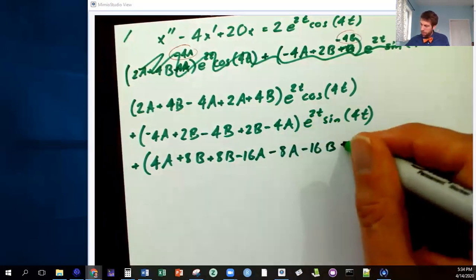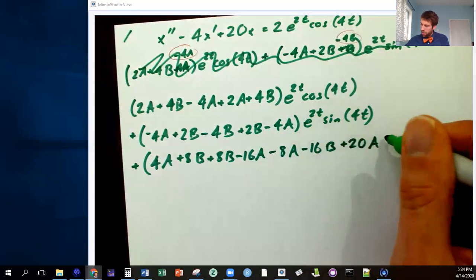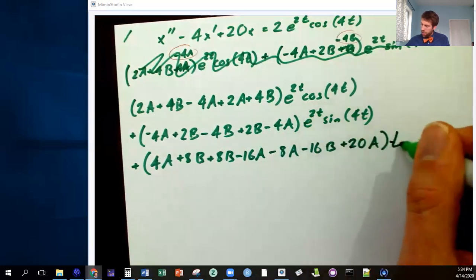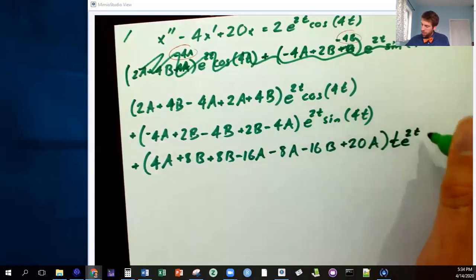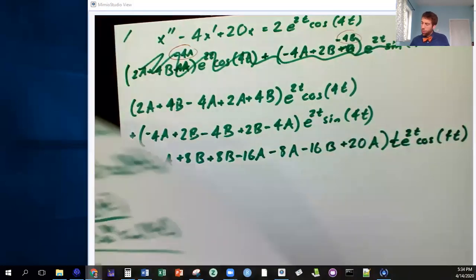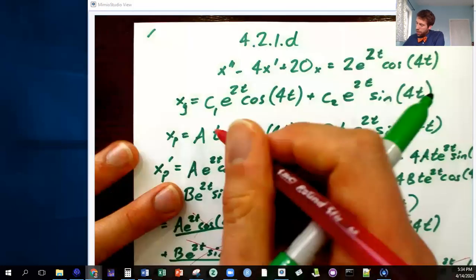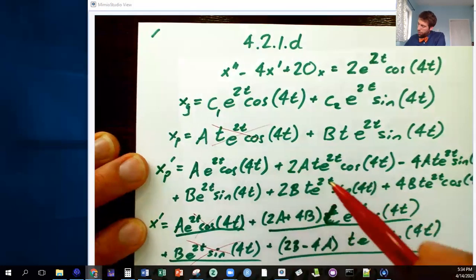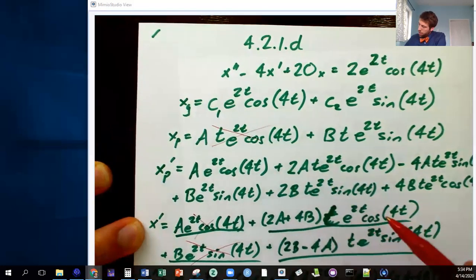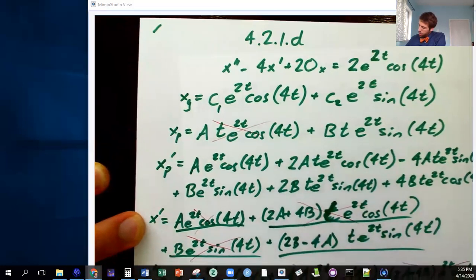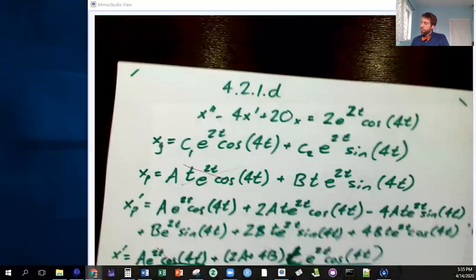So then plus 20a t e to the 2t cosine 4t. Okay, so we used up the x term. We used up the x prime term here. And we used the x double prime term there, I already got it, and there, I already got it. So I only have the sines left. Cool.